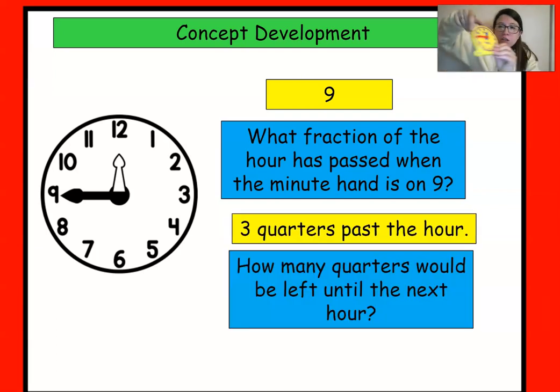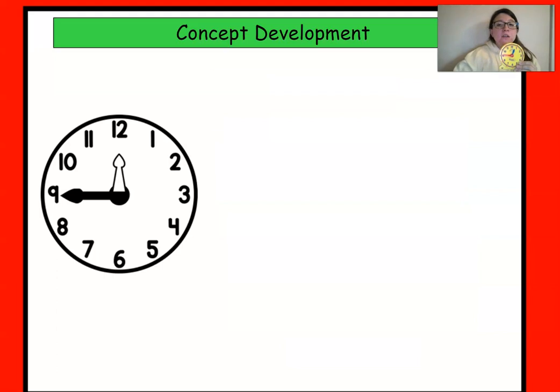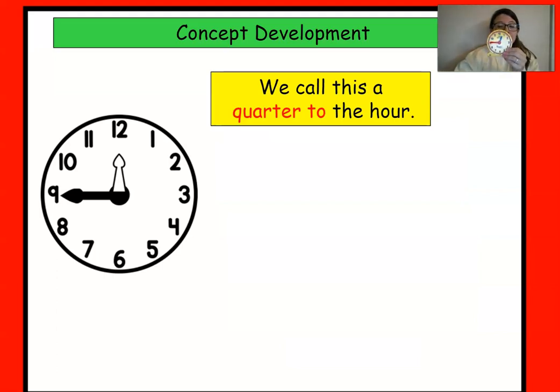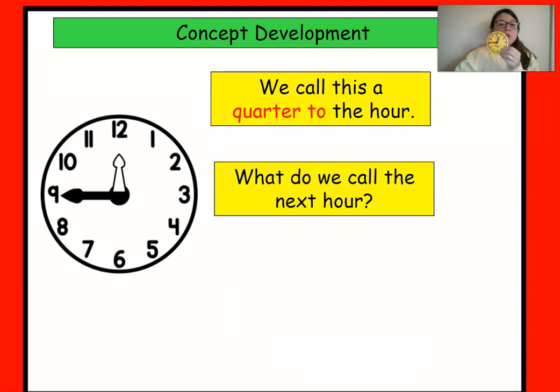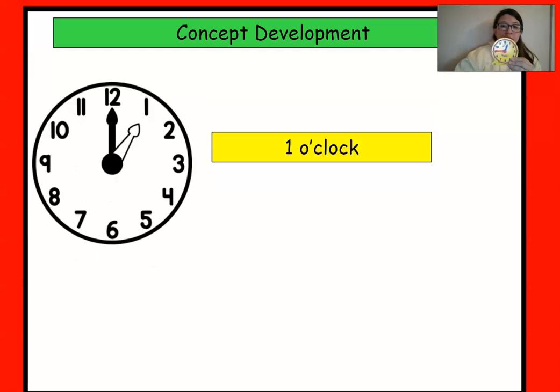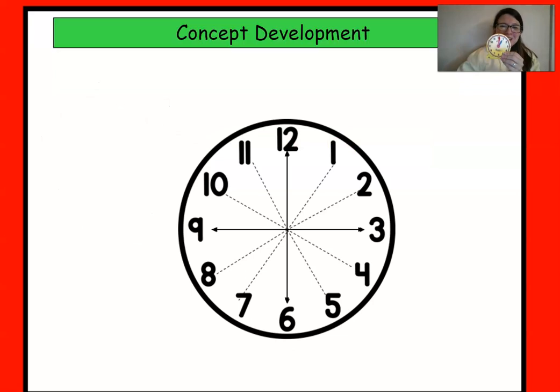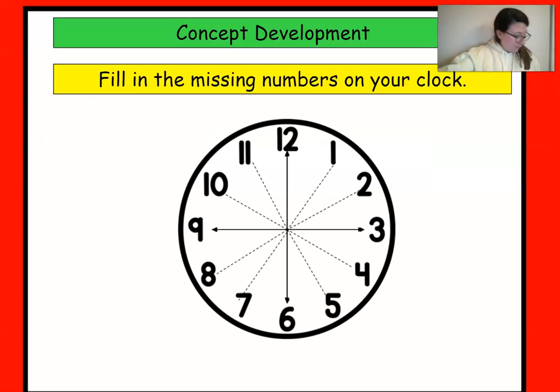How many quarters are left to the next hour? Just 1, very good. So when the minute hand is on the 9, we call this quarter to the hour, and we call this next hour 1 o'clock. Nice job. So you're going to fill in the missing numbers on your clock. You can pause and do that now. Make sure you have all of the numbers on there.